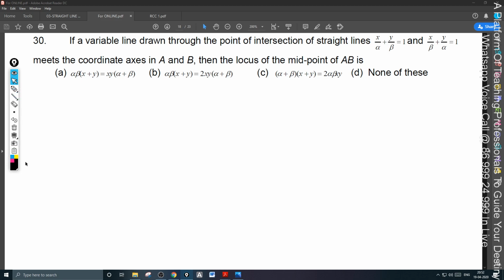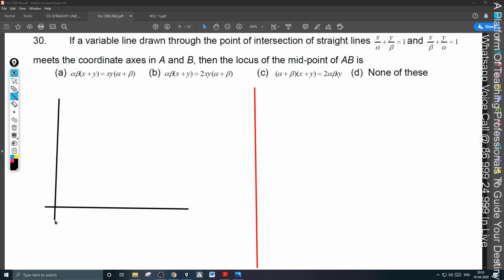Let us do that. Understand the question, please. A variable line is passing through the intersection of 2 points. Meets the coordinate axis in A and B. This is x-axis, let me say.